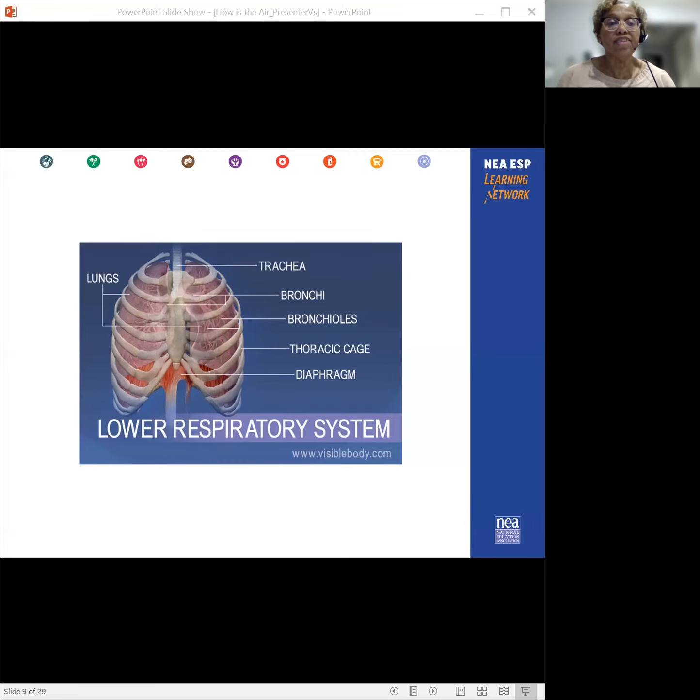The thoracic cage just kind of keeps those organs in place, so when you inhale and exhale, they're not overextending. But the diaphragm plays a major part in this. It's a muscle, and it contracts rhythmically and continually, and generally involuntarily, to aid in the inhalation and exhalation. So just keep in mind, just basic information about the respiratory system. Next slide, please.